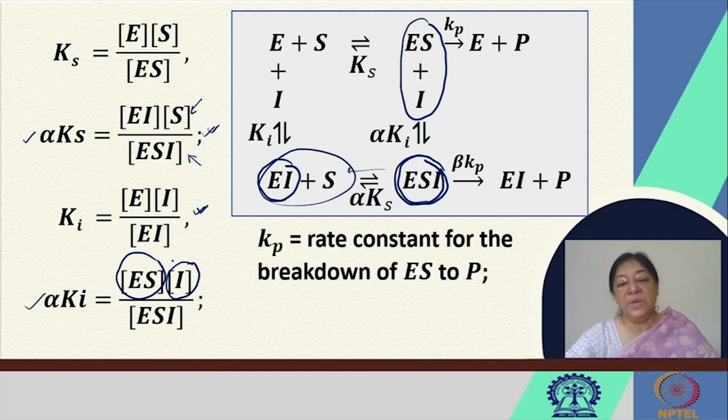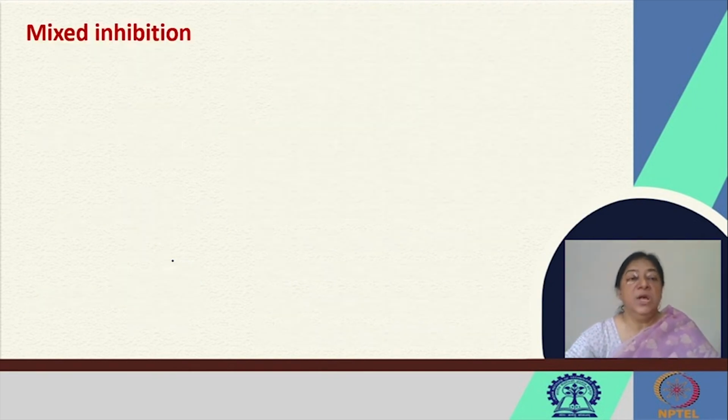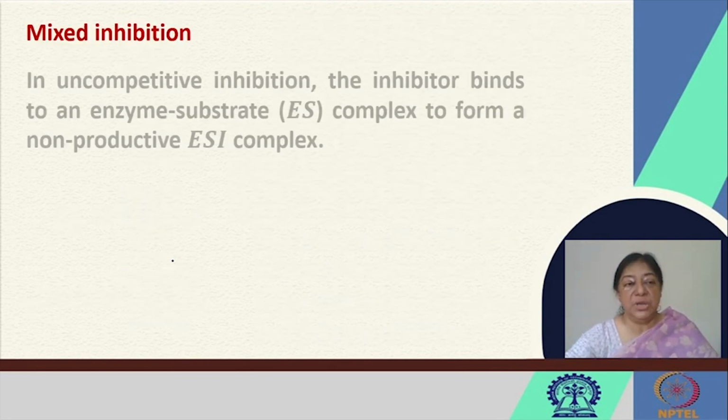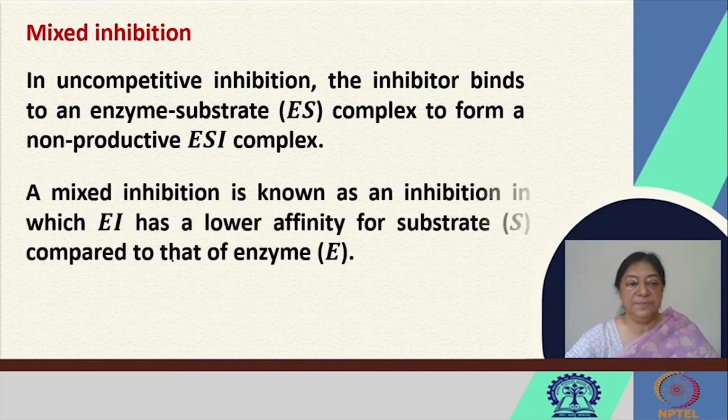So the Kp that we have is the rate constant for the breakdown of ES to E plus P in the reaction, and the beta Kp is the rate constant for the breakdown of the ESI to P that may be possible in several cases. A case of mixed inhibition now indicates that sometimes, as in uncompetitive inhibition, where we saw that the inhibitor bound to the enzyme substrate complex, it forms a non-productive ESI complex.